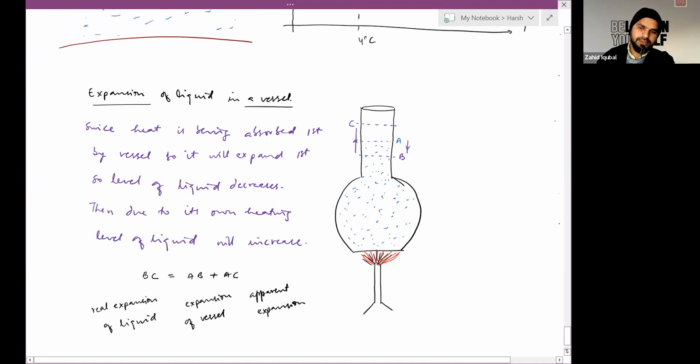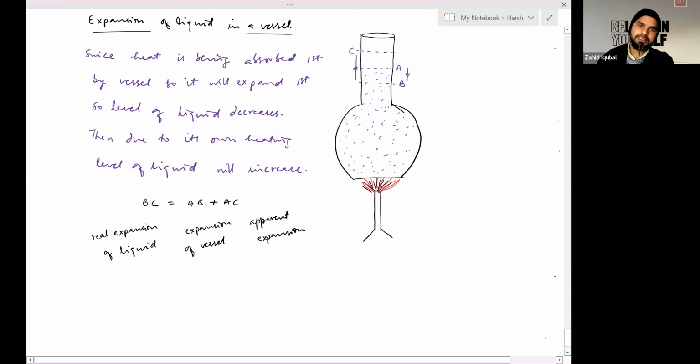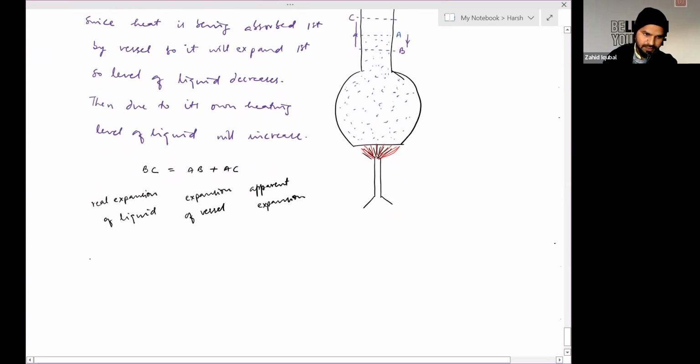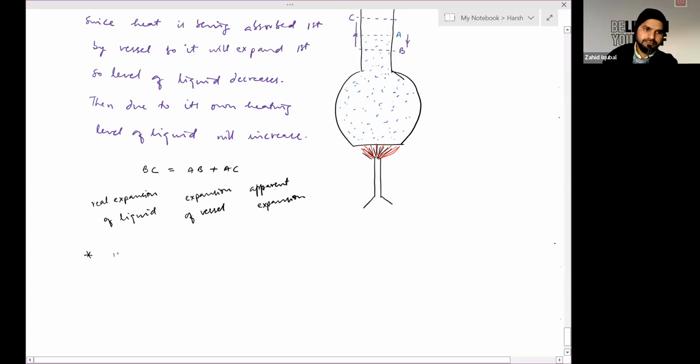You'll observe that in this part, a liquid would expand at the same rate in all different vessels. So you'll say the real expansion of liquid in all different vessels will be the same.